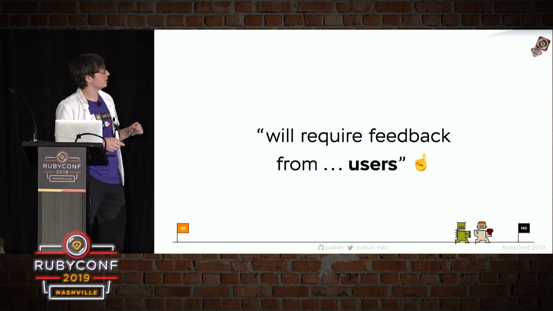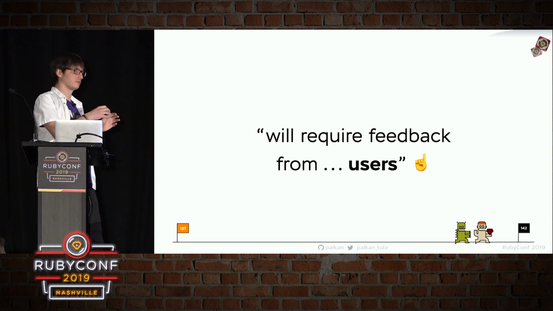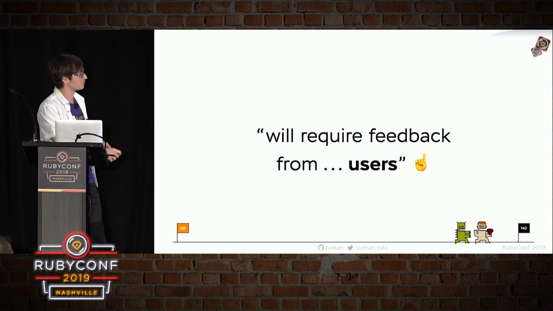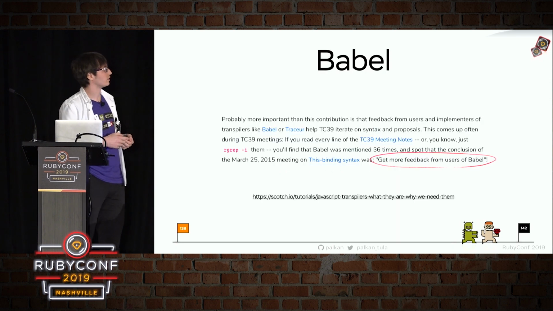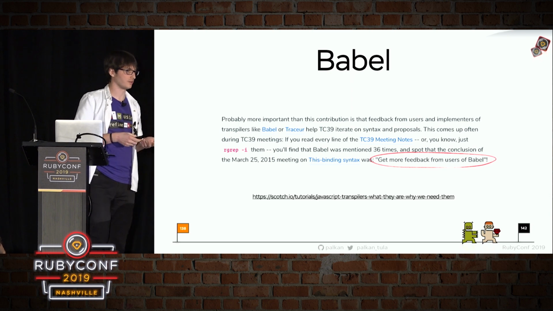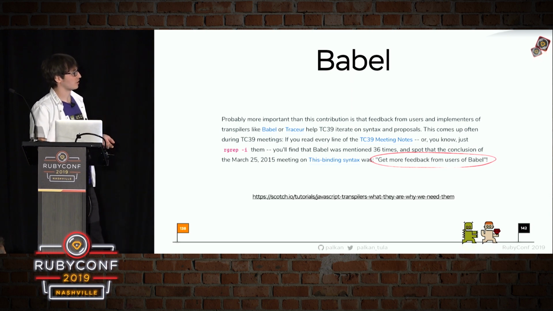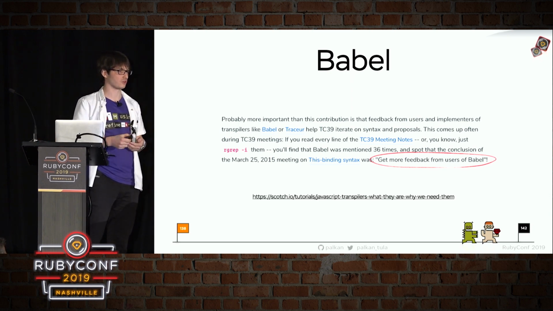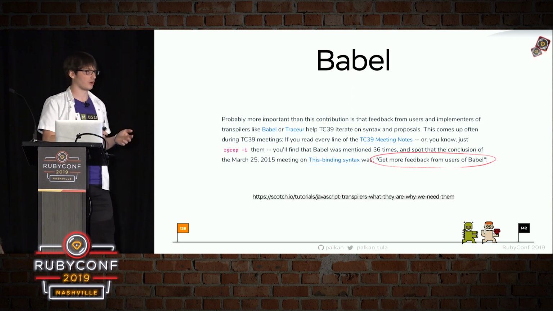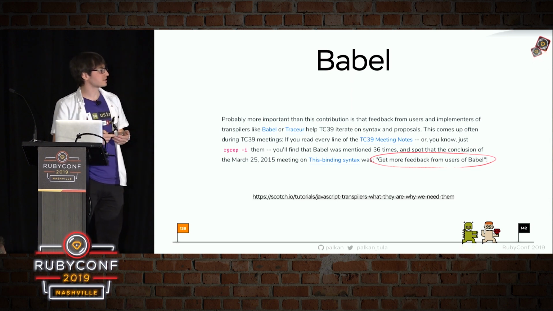And there is an important point here. They require feedback from users, not from the committers, not from the core team, not from the implementation developers, but from users. And even more, Babel, as already mentioned, is often used as a source of truth for the committee to decide whether to add a feature or not. Let's ask users of Babel who already use this feature behind the experimental flag whether it's good or not. Can we improve it? That's the process.